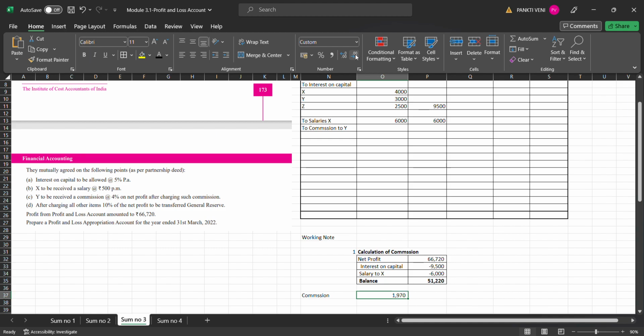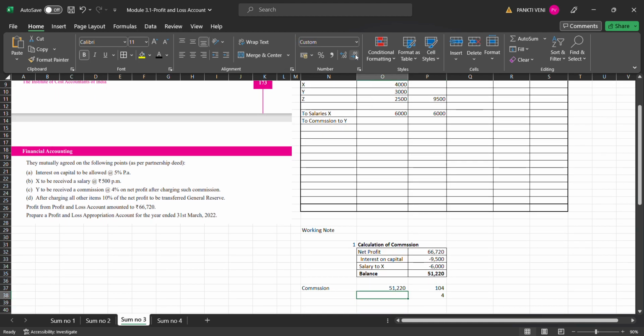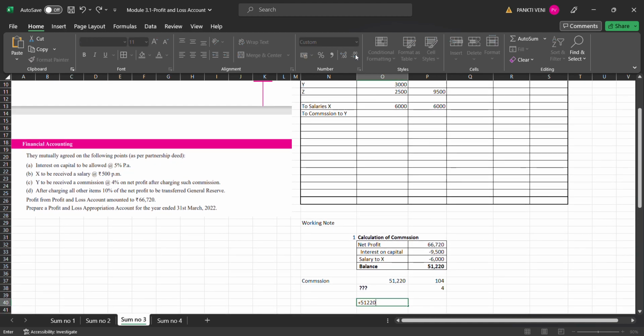So 51,220 is equal to 104, which includes the commission amount also. What is 4%? For 4%, 51,220 into 4 divided by 104. So that is 1,970. So I'll take 1,970 here. So my commission amount is also done.